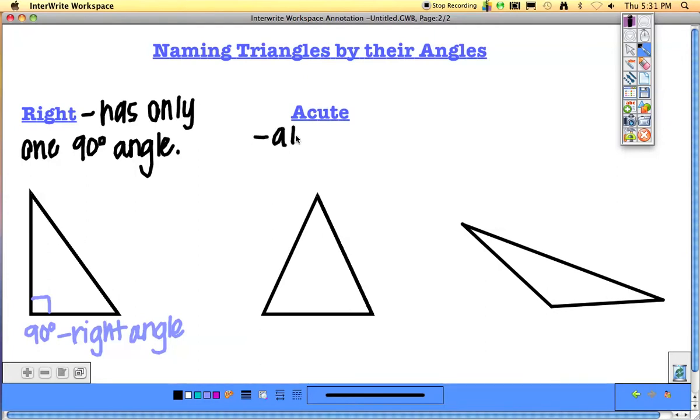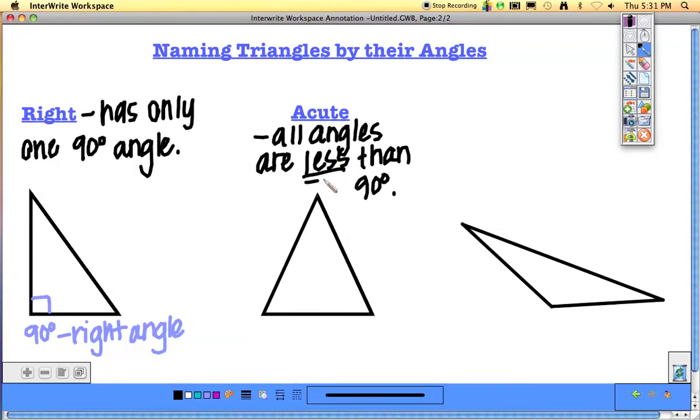So all angles are less than 90. It can't just be one, it can't be two, it has to be all three. So all three are less than 90 degrees. But they all have to add up still to 180. And the same with the 90-degree triangle or right triangle.